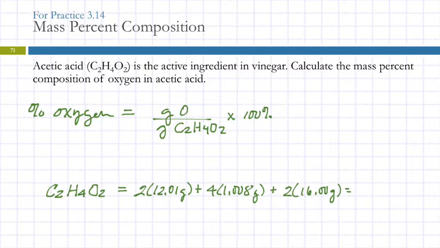Two times carbon, 12.01, plus 4 times hydrogen, plus 2 times oxygen. Push the wrong button. You get 60.052. Anybody else get that? Yeah, thanks.